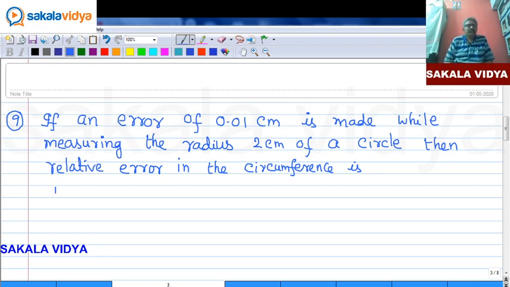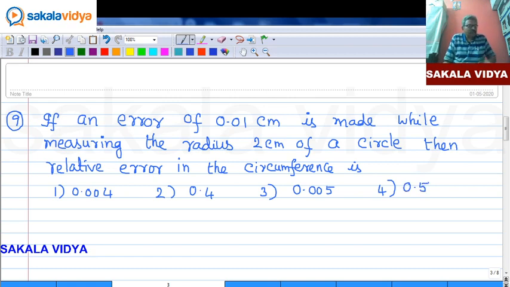First option 0.004, second option 0.4, third option 0.05, fourth option is 0.5.